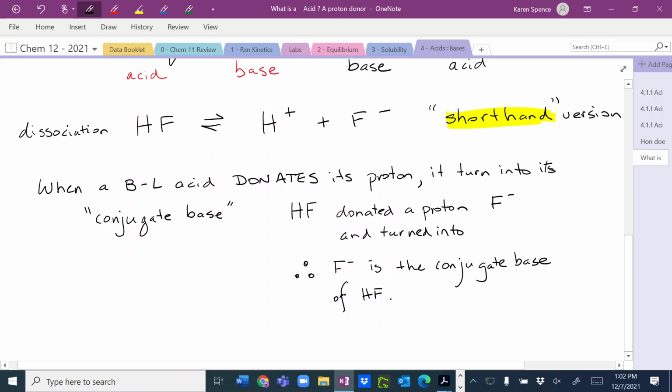When we use the term conjugate, we mean that the two are related to one another. Yes? So the HF is related to the F minus because they differ by only one H plus ion. When we refer to them together, we call the two of those a conjugate acid-base pair.